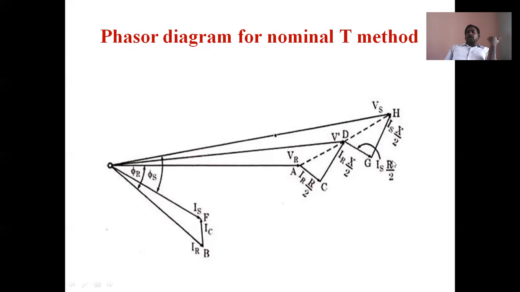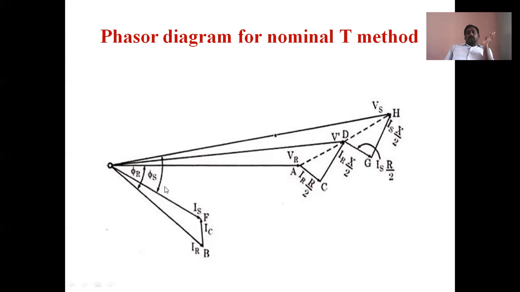Finally, IS is common, so IS into R by 2 plus X by 2. Anyway, the sending end voltage is VR plus IR into R by 2 plus IR into X by 2 plus IS into R by 2 plus IS into X by 2.